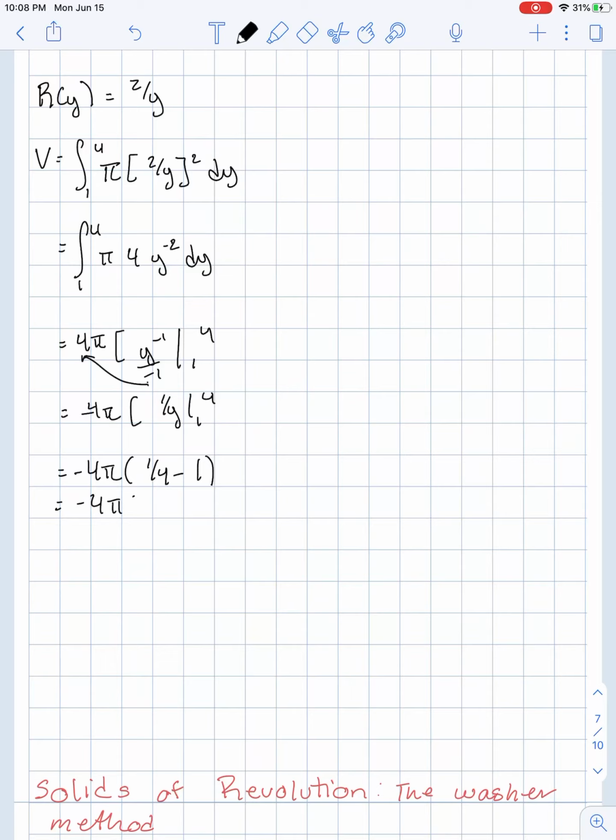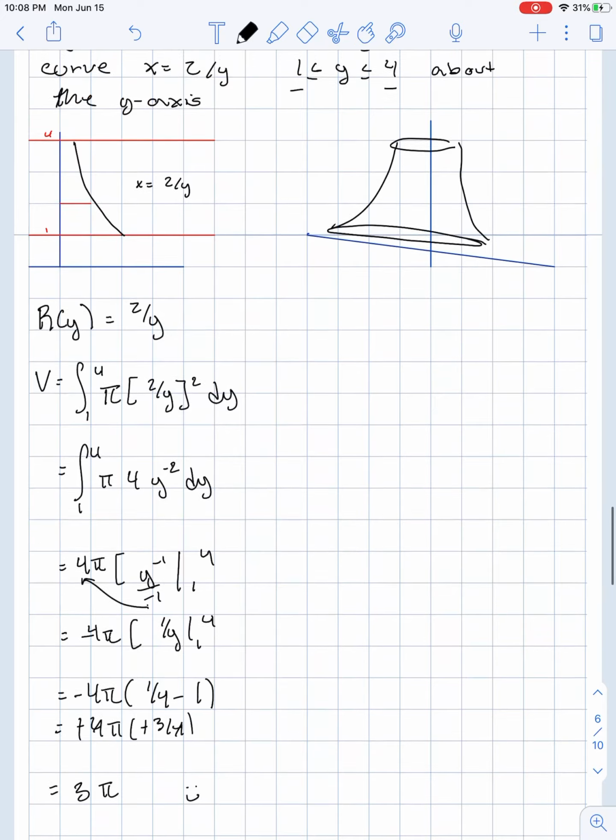Negative 4 pi, negative 3/4. Negatives cancel out, 4s cancel out, and we should just get 3 pi. Yay! So not too bad.